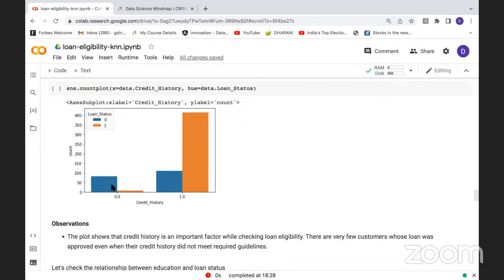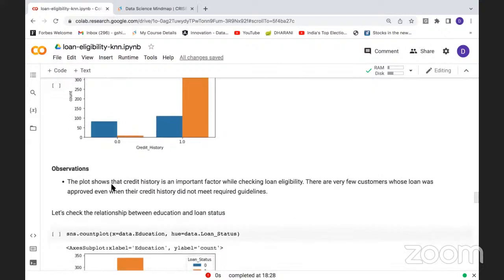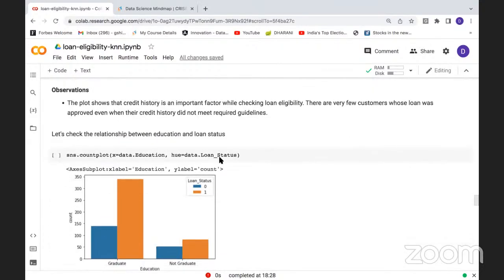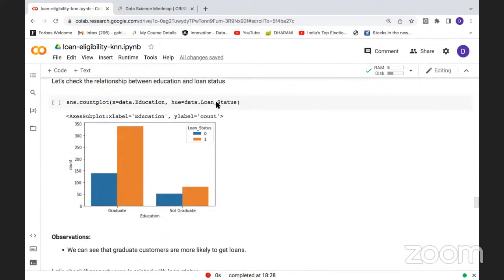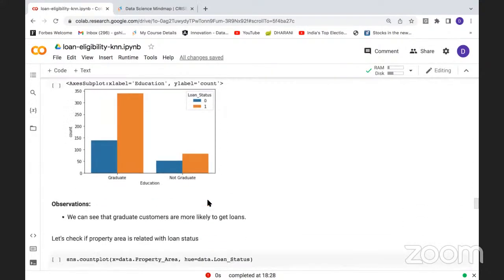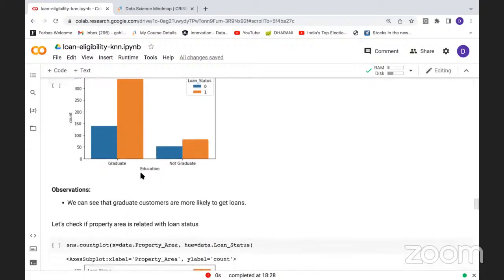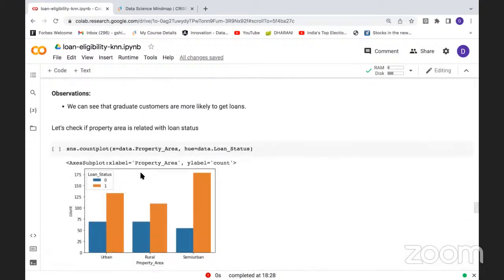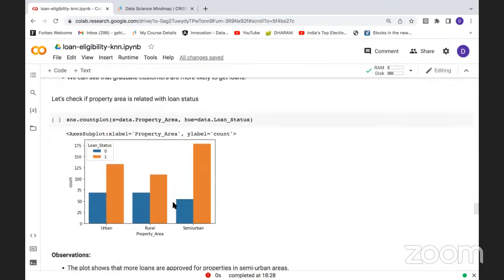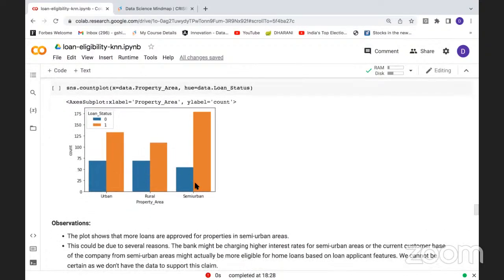There are few people. So like that, when you keep on checking with education and how this is impacting your loan status, we can see that graduate customers are getting loans more. Non-graduate customers are not getting loans. Now we can also check with the property area and loan status. All are equally good, right?